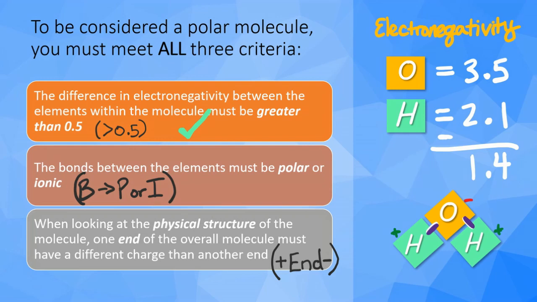The second one, are the bonds between the elements polar or ionic? Yes, right? We know this because when we are dealing with elements within a molecule that have a difference in electronegativity between 0.5 and 1.7, we are dealing with a polar bond, right? And lastly, is one end of the molecule a different charge from the other?